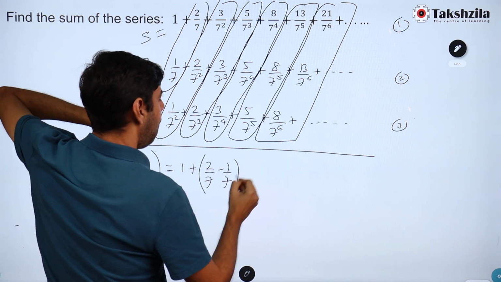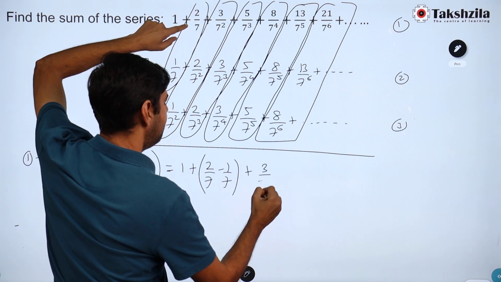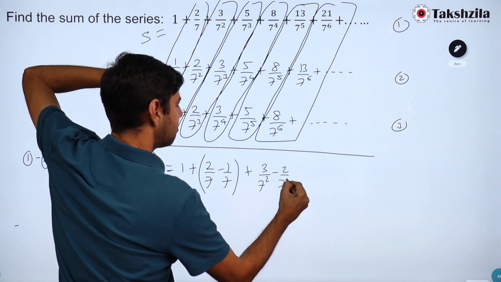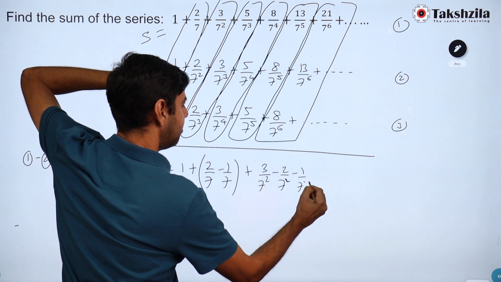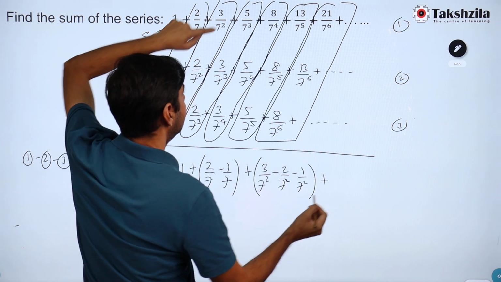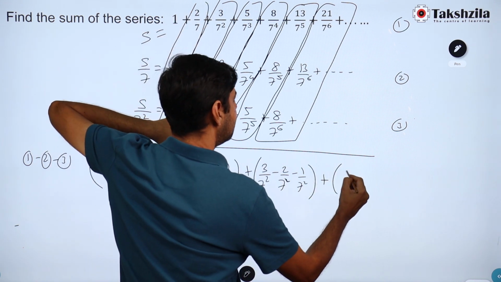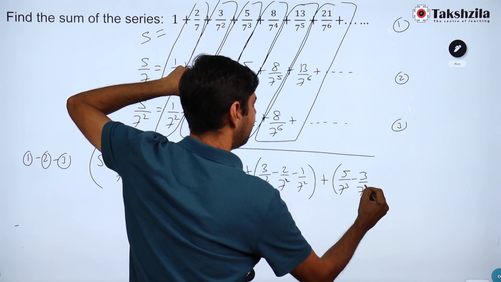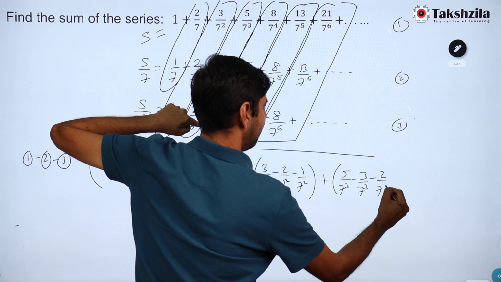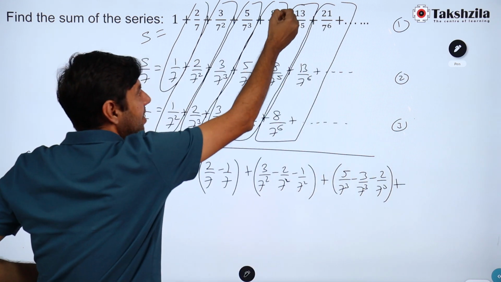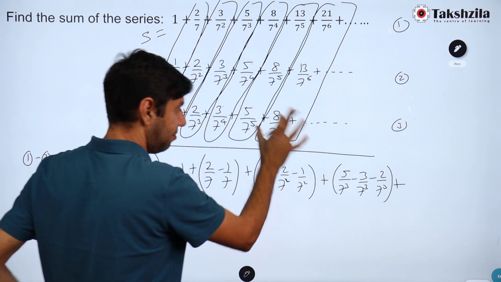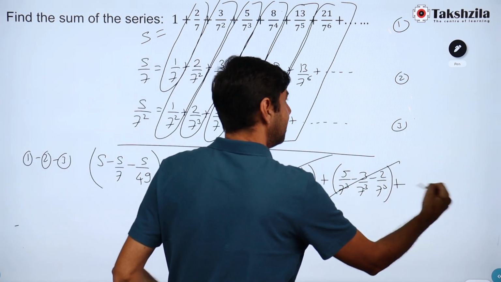And here onwards, if you look, 3 by 7 square minus 2 by 7 square minus 1 by 7 square. Obviously, you're not going to write it this way. And if you do this, this is going to be 5 by 7 cube minus 3 by 7 cube minus 2 by 7 cube. And so on. This 8 will be 5 and a 3, which is what we had analyzed and thought about this idea. So all these will cancel out.